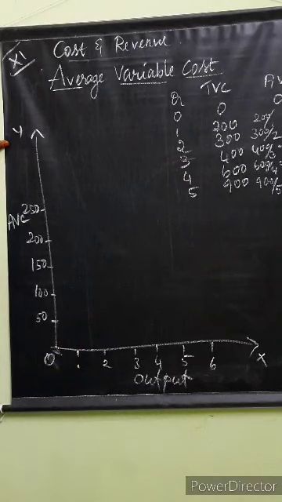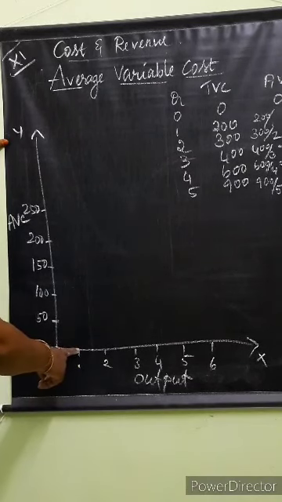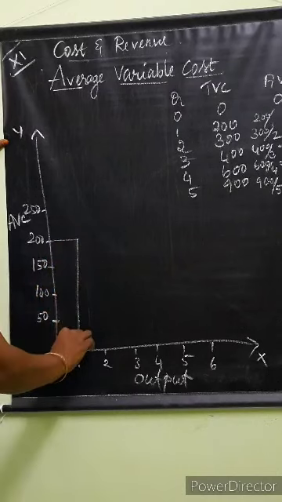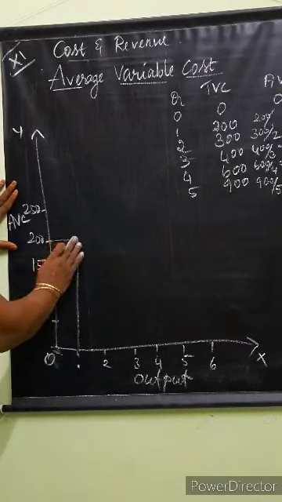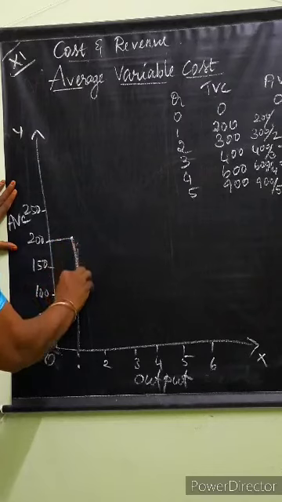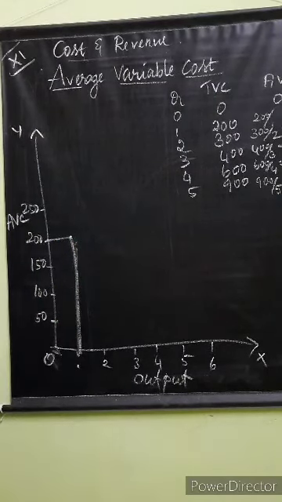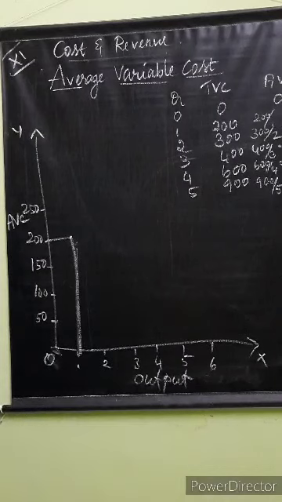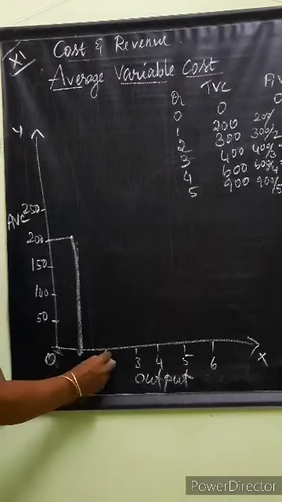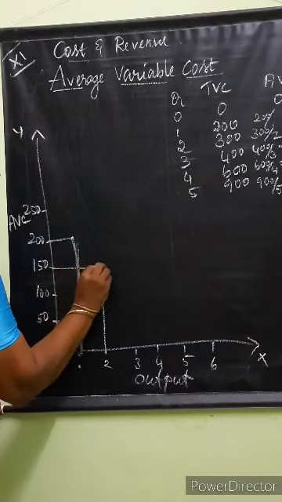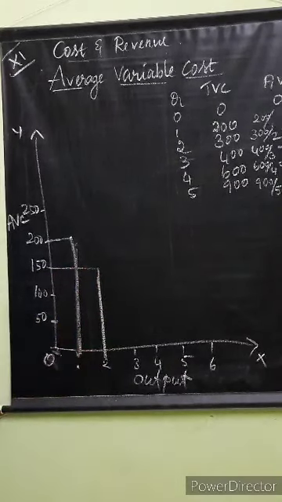Okay. At the point of 1, it is 200. When the output is 1, the average variable cost is 200. When they are producing 2 goods, it will be 150, isn't it?